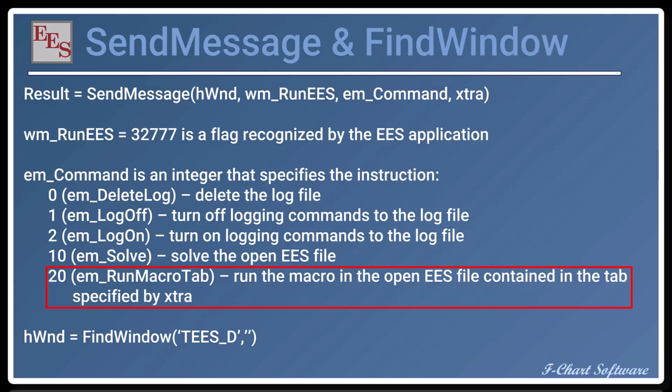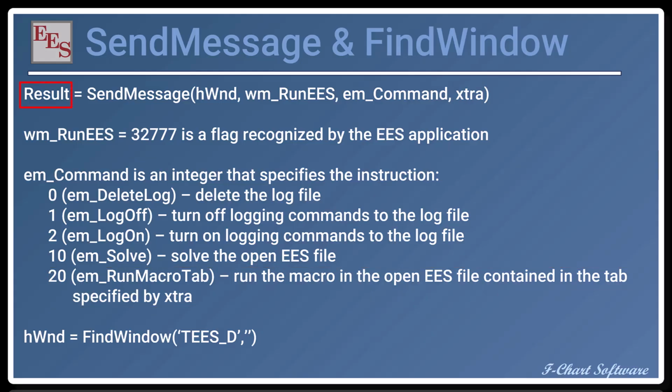And the macro that's going to run will be the one with the tab number provided by this fourth parameter, extra. So this parameter extra should be set to 0 unless you're using this run macro tab command, in which case you'd set it to a number corresponding to the tab that contains the macro that you want to run.